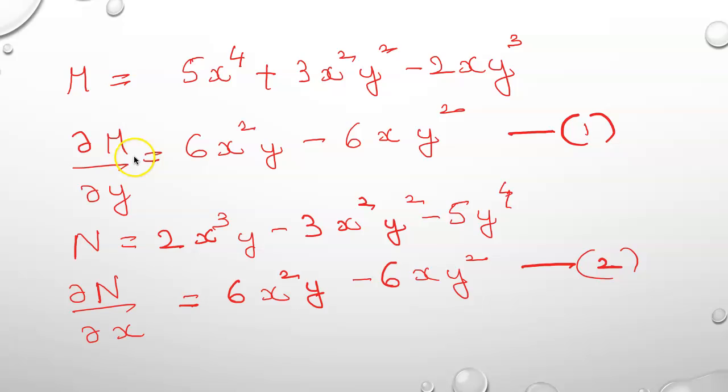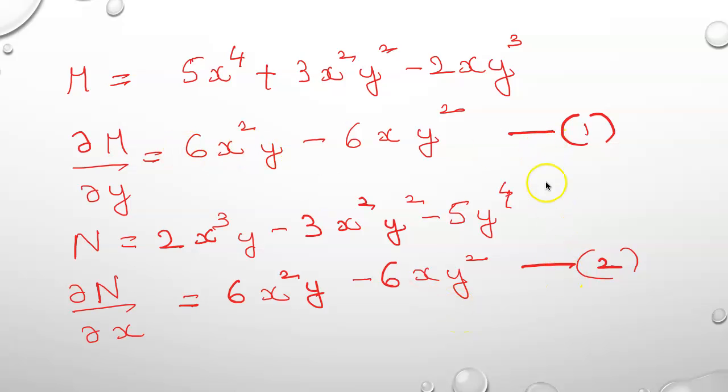Partial derivative of M with respect to y will be 6x squared y minus 6xy squared. N is 2x cubed y minus 3x squared y squared minus 5y raised to 4. Partial derivative of N with respect to x is 6x squared y minus 6xy squared.